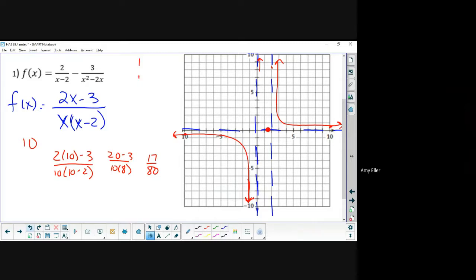Every vertical asymptote will have an up arrow and a down arrow. So because there's a down arrow here, on this side, there's an up arrow. So if you look at this asymptote, this one has an up arrow, so that must mean there's a down arrow on that side. Kind of like train tracks. They've got trains going both directions on each side of each vertical asymptote.